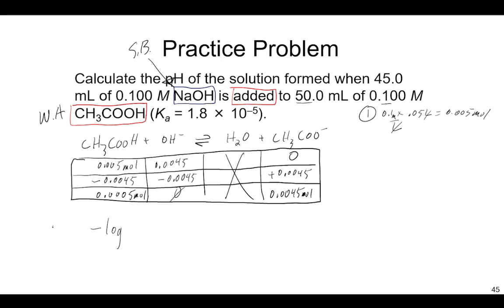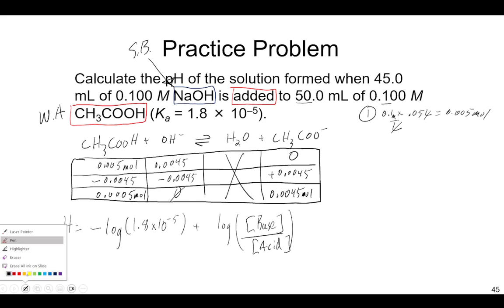So the pH is going to be the pKa, which is negative log of the Ka, plus log of base concentration over acid concentration for the conjugate acid-base pair. This is my weak acid, and this is my conjugate base. So those are the two concentrations I want.